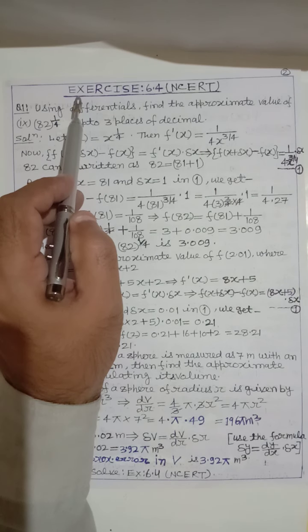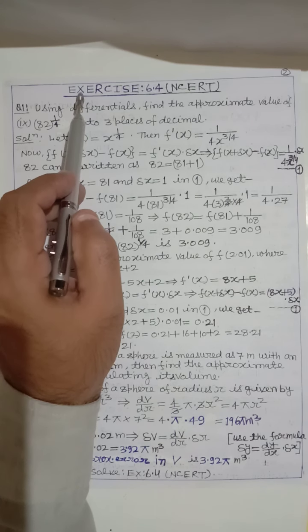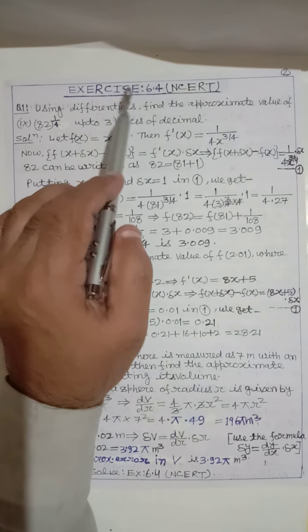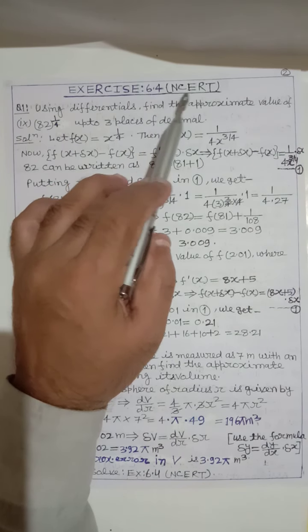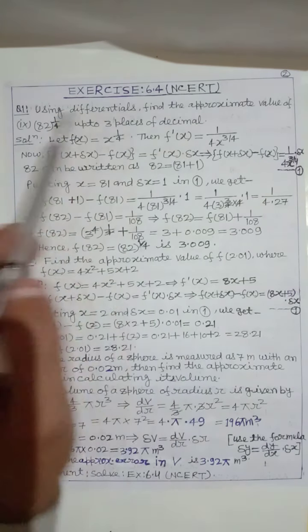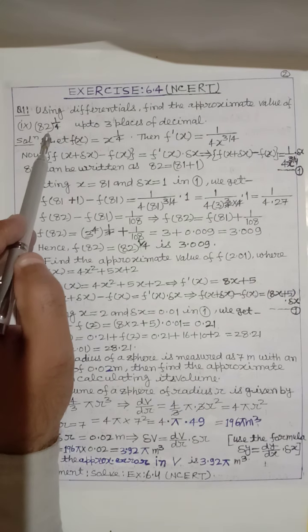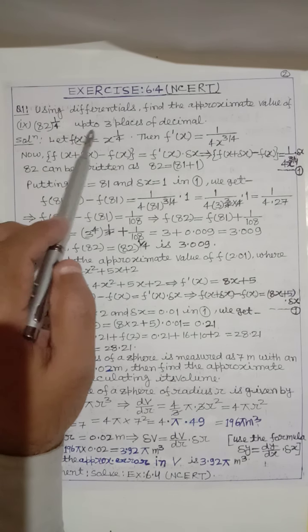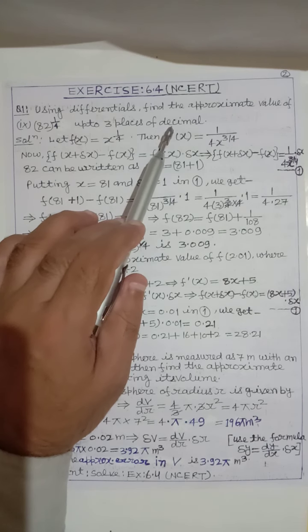Now we will discuss the solution of the questions of exercise 6.4 from NCERT. Question number 1: using differentials find the approximate value of 82 to the power 1 by 4 up to 3 places of decimal.